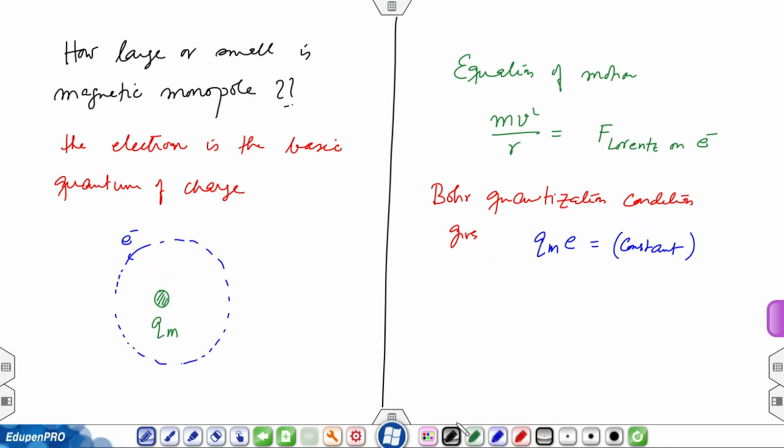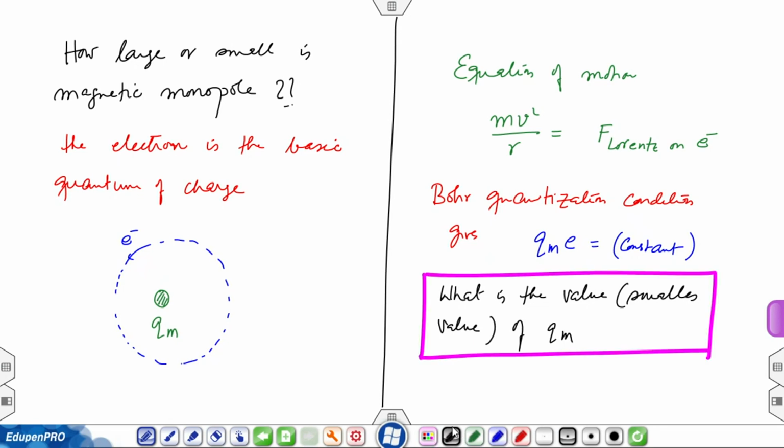So, again I leave a question for you. What is the smallest value of Q m? This argument was made much more sophisticated by Dirac, and this is discussed in the book by Jackson.